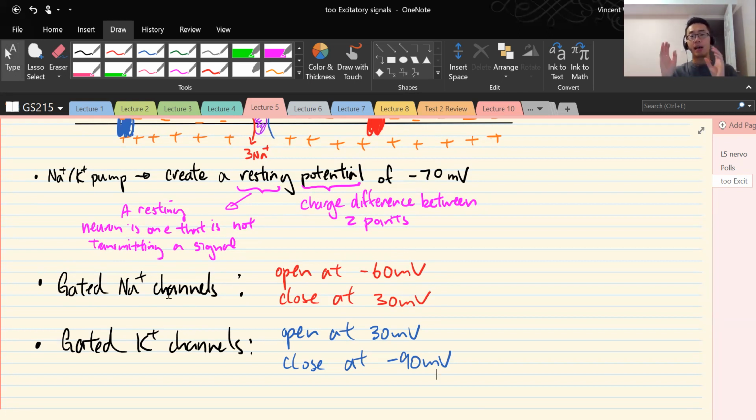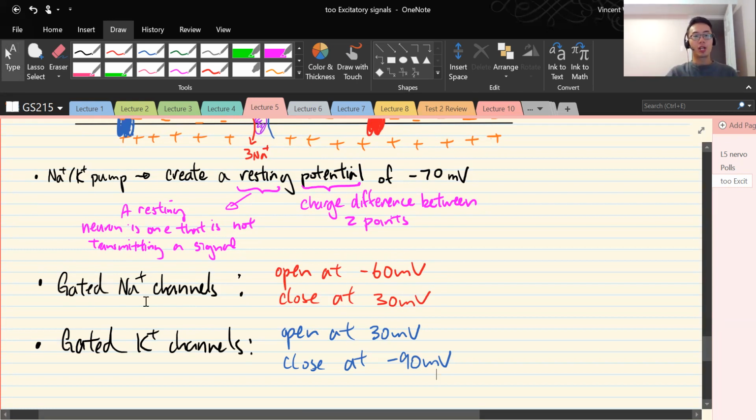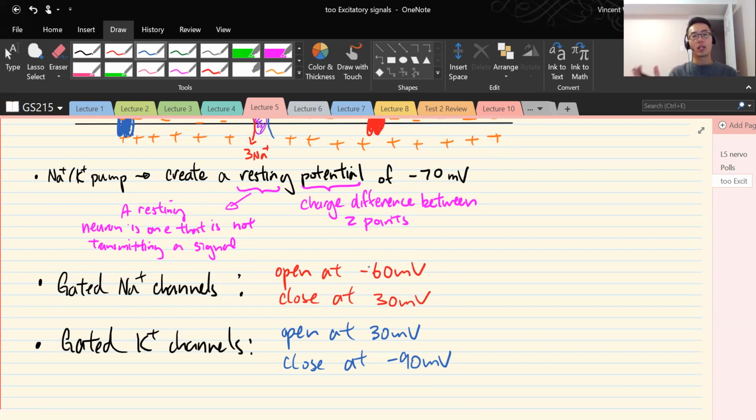When the neuron is at rest, at that point, are the sodium channels open or closed? Closed. Yeah, because when we're at rest, the voltage is minus 70, and it will open at minus 60. So we are not at minus 60 yet. We're sitting at minus 70. That is not the right voltage, so it's going to be closed.